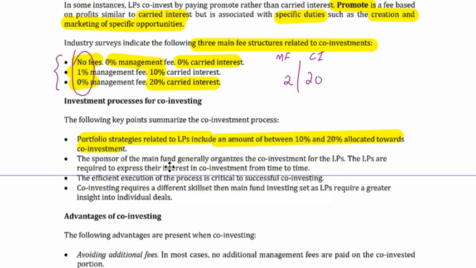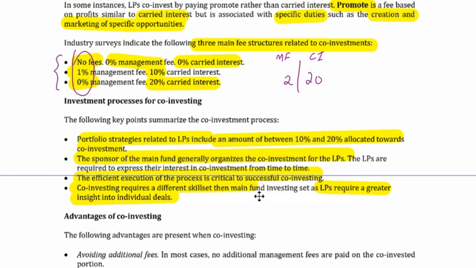The sponsor of the main fund organizes the co-investment for the LPs. Efficient execution is critical to successful co-investing, and it requires a different skill set from the main fund.